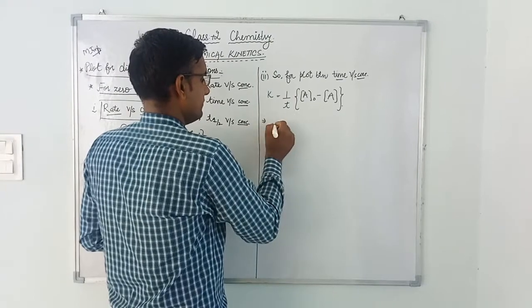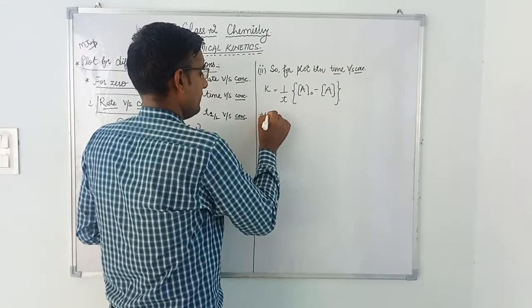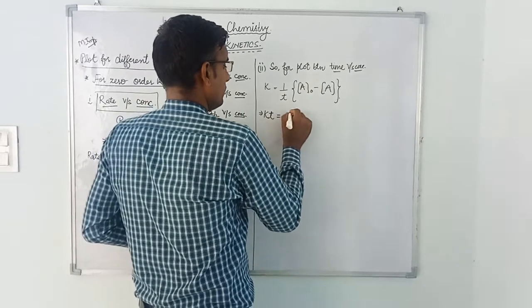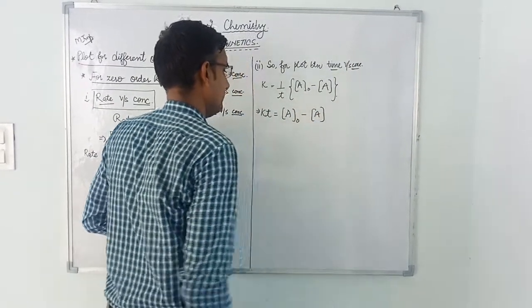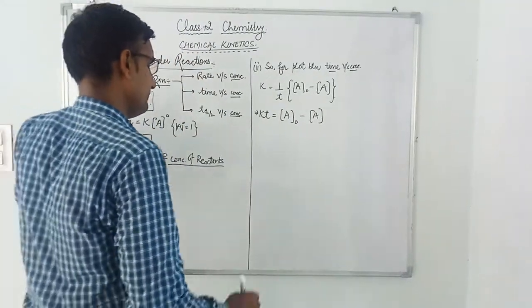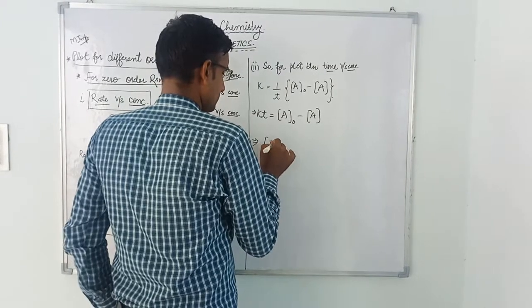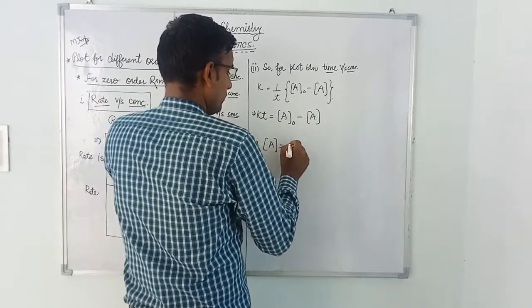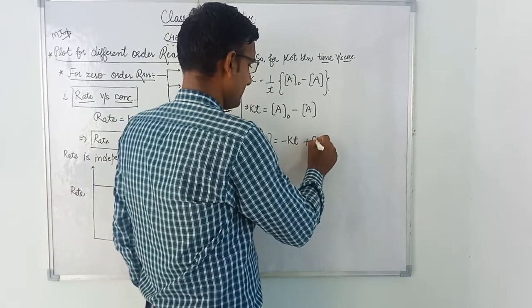This implies kt is equal to A naught minus A, or we can say that A is equal to minus kt plus A naught.